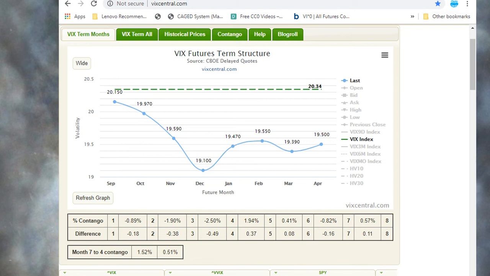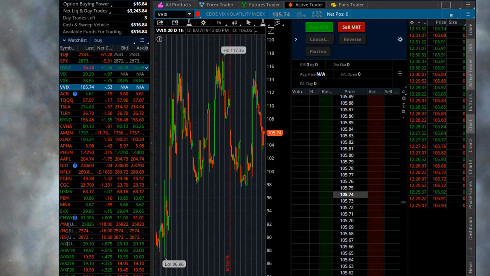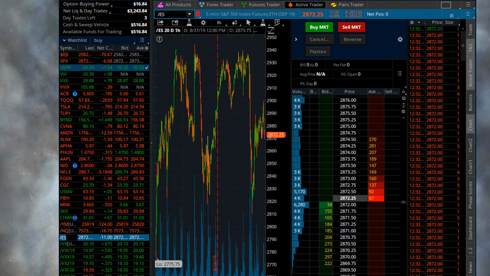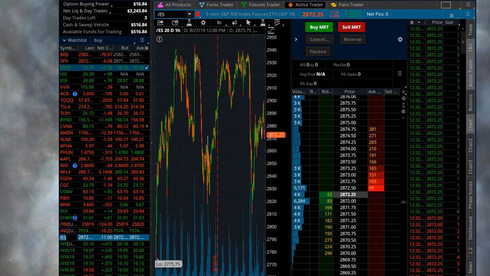Right now, we are kind of in a no man's land with the market. We've had that sell-off, and we're just kind of in this range. Let's take a look for a second at the E-minis. This is sort of the Don Kaufman volatility box that they've talked about in the Theo Trade show.